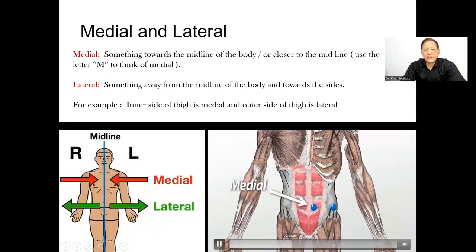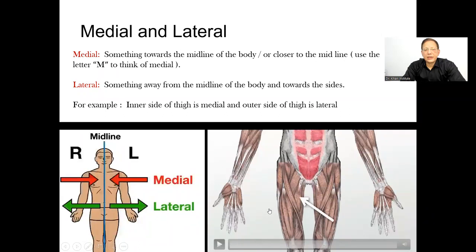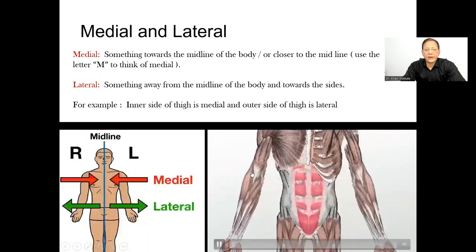Or in this image, you can also see this example that this is the thigh and this is the inner aspect of the thigh. So it is close to the midline, so this will be considered as medial, and the outer aspect of the thigh, which is away from the midline, will be considered as lateral.